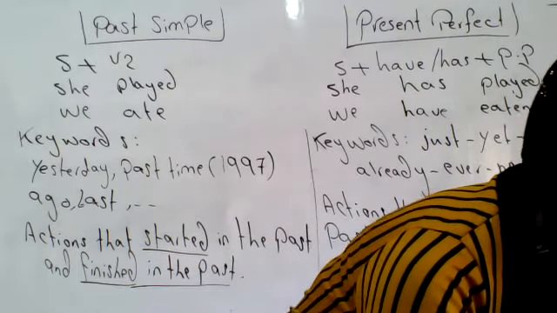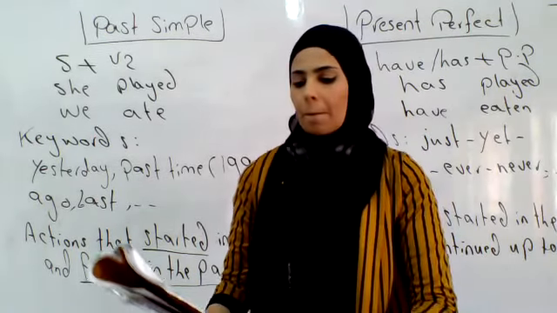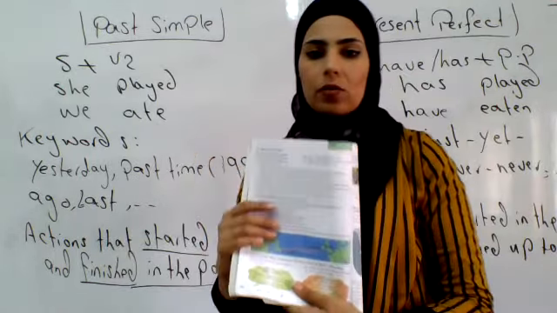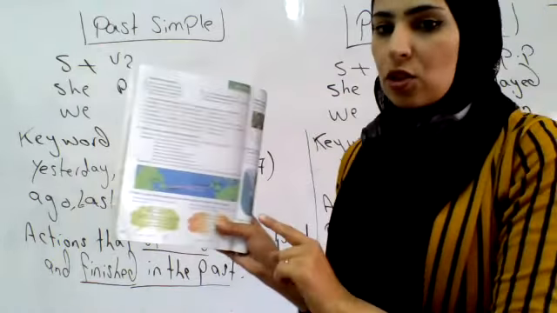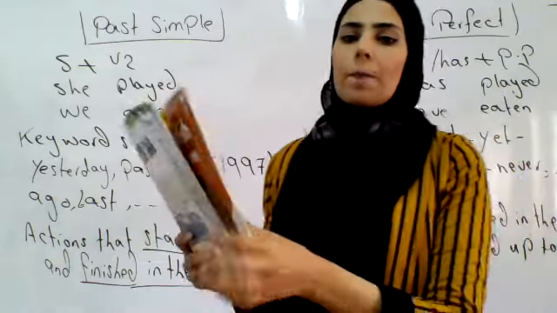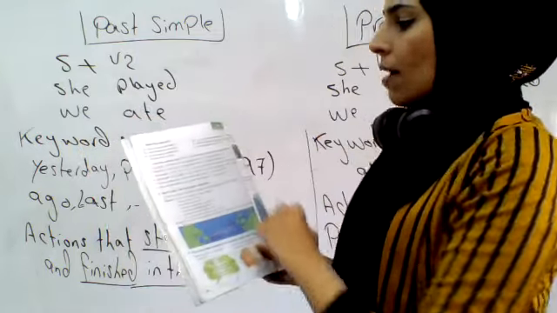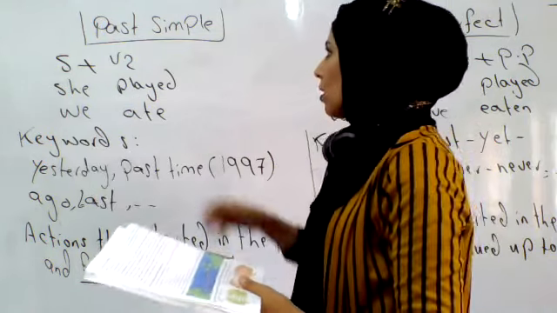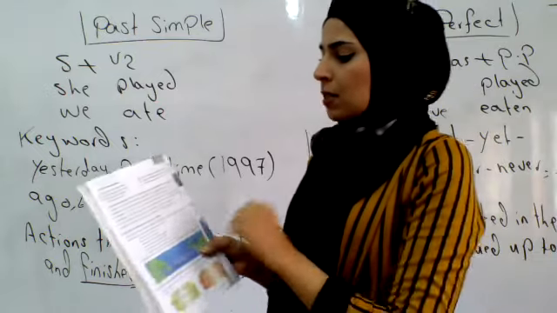These rules are related to page 26 from your book. In your book, let me just give you an idea about the book itself. You can look at page 26 from your book, 10th grade. First, you have examples mixed between past simple and present perfect sentences.